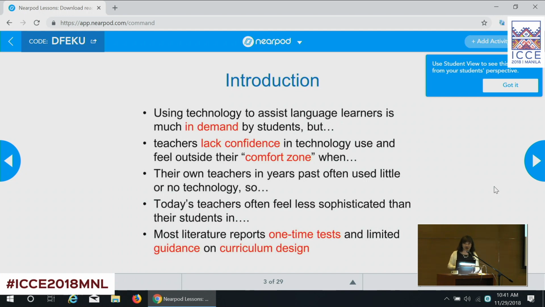In addition, most academic literature reports mainly on experimental one-time tests and provides very limited guidance on how technology should be incorporated into curriculum design over the term. As a result, rather than making efforts and risking failure, they simply avoid questions of using technology and continue their teaching methods for the rest of their career.